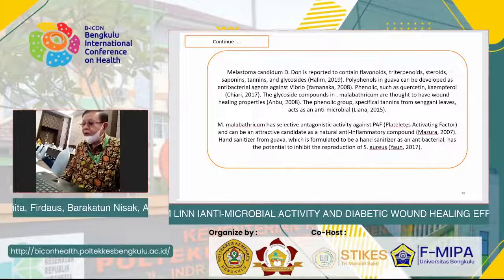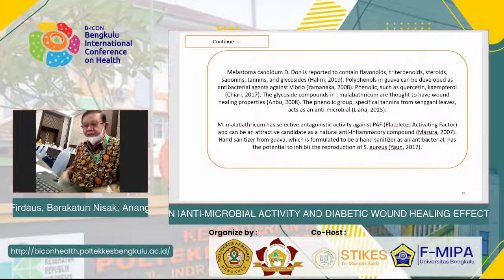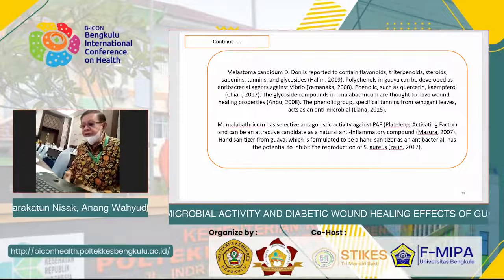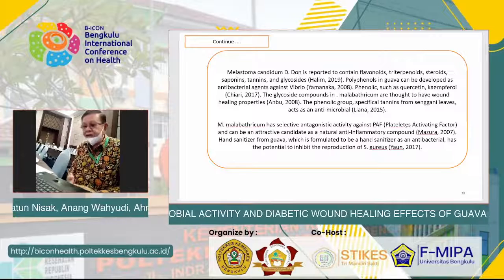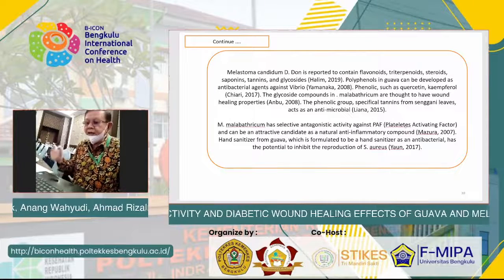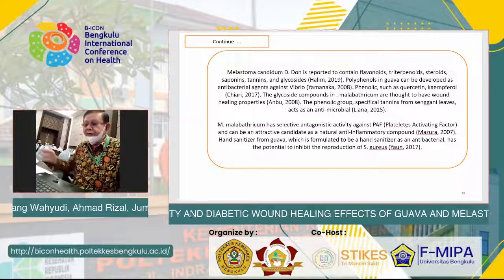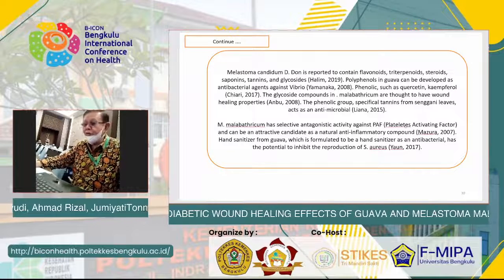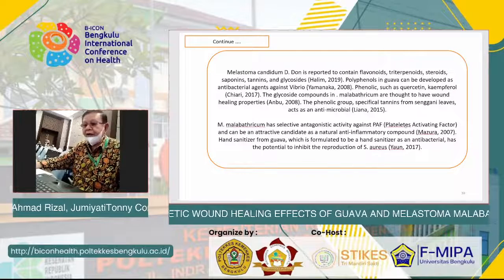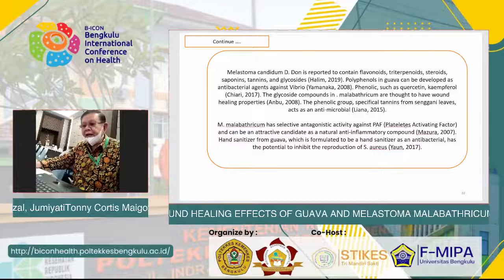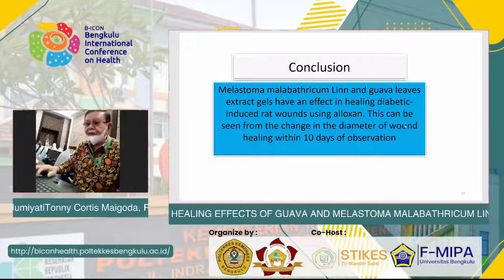and can be an attractive candidate as a natural anti-inflammatory compound. Hand sanitizer from guava, which is formulated as an antibacterial hand sanitizer, has the potential to inhibit the reproduction of microbes. This is also described by Chiari and Liana 2015.